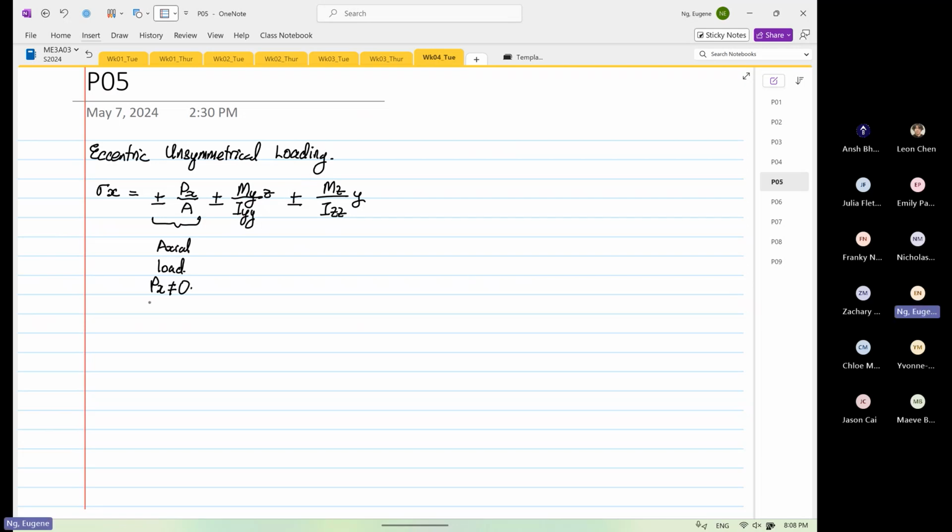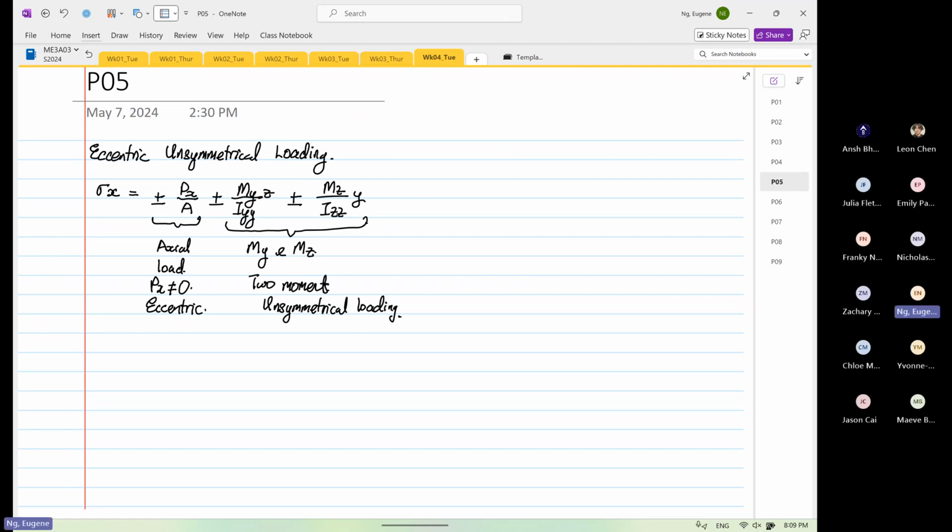When it's not equal to 0, that's where we have the term eccentric. And over here, you have moment about y and moment about z-axis, right? So when you have two moments, that's where we have the unsymmetrical loading.